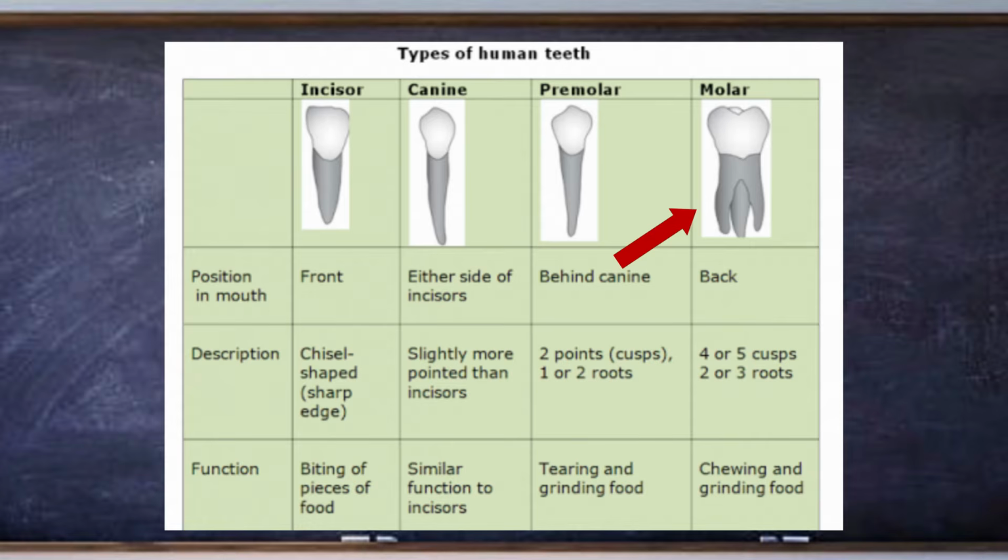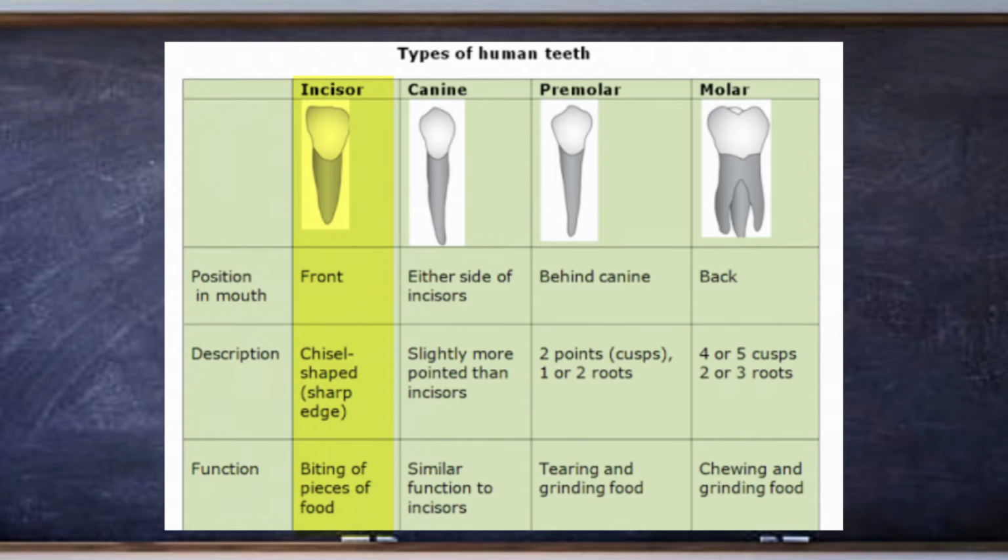All right. So let's look at the function of each of these teeth. The first one is the incisor. The function of the incisor is biting pieces of food, okay? So it allows us to bite. So imagine how Sita would look with no incisors.